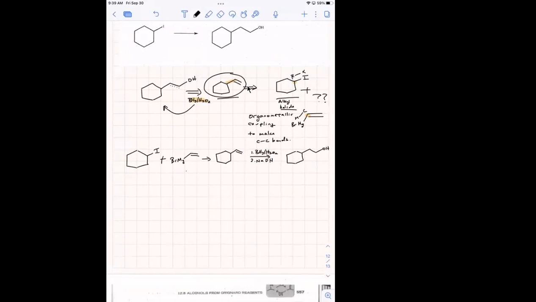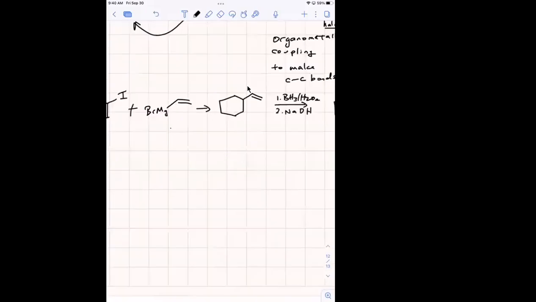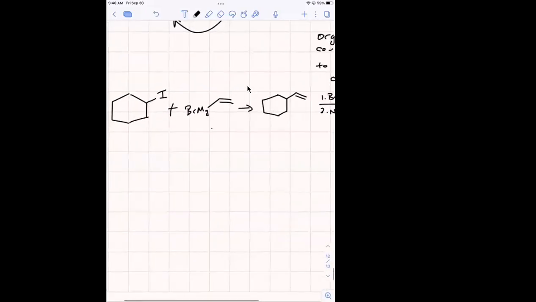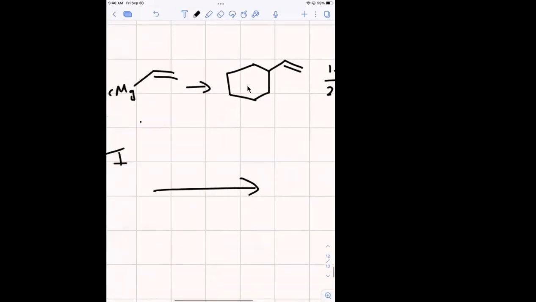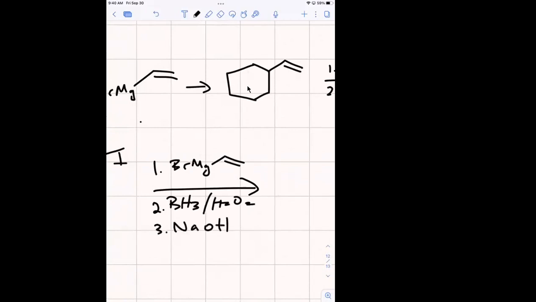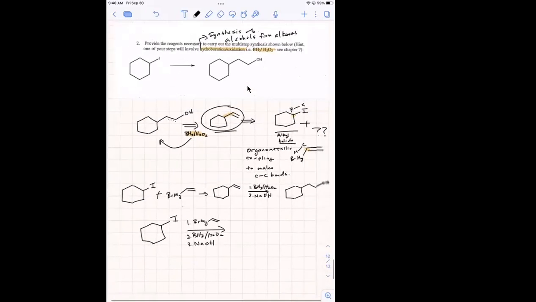Now, if you were to see this in a publication, the way it would be written to save space would be like this. This is I. You'll see an arrow, and then 1 would be BrMg, like that, and then 2 would be BH3, H2O2, 3 would be NaOH, like that.